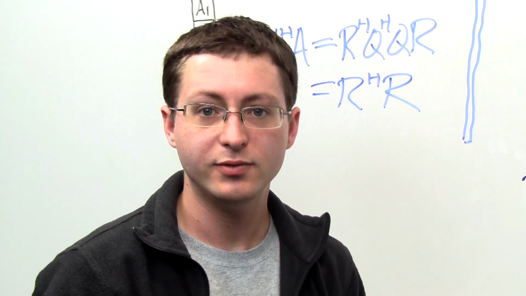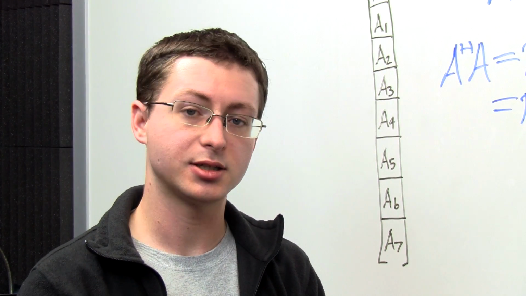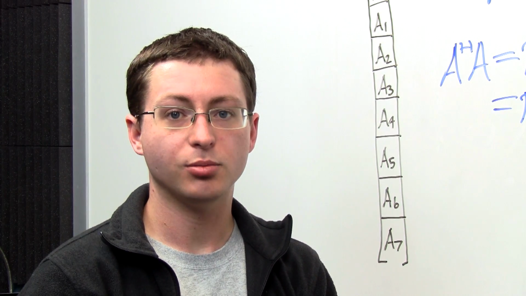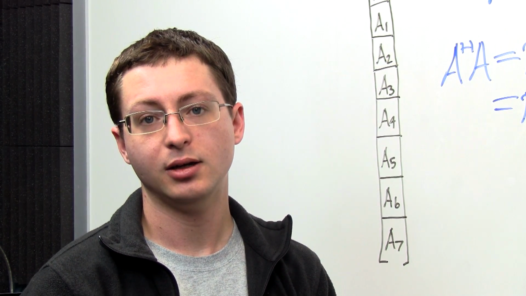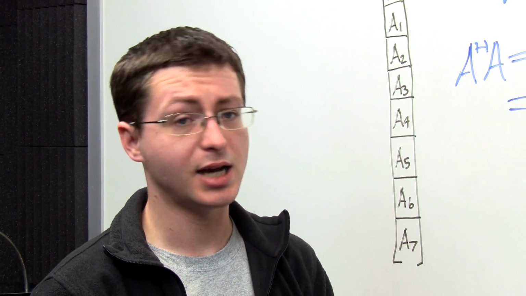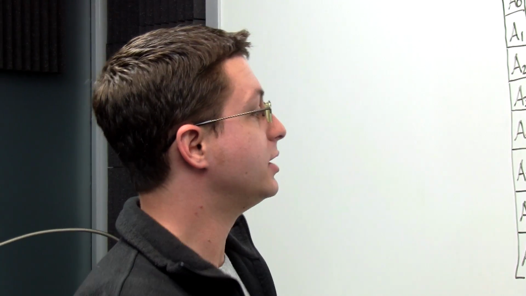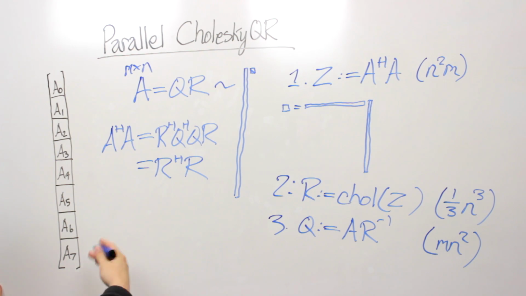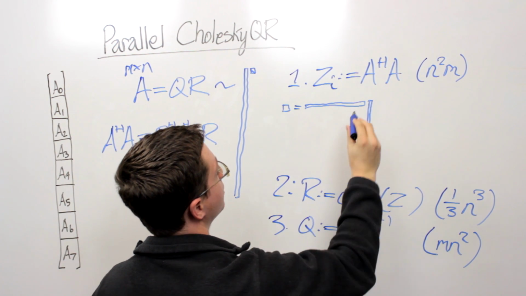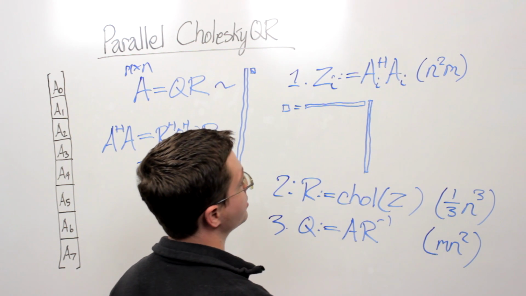If you recall from previous videos, when we performed X adjoint multiplied by X, where X is a vector, all we had to do was perform a local portion of the inner product and then perform an MPI all reduce summation on the result. We can do exactly the same thing here. The way we would perform step 1 is that process i would form Z sub i updated with A sub i adjoint multiplied by A sub i.